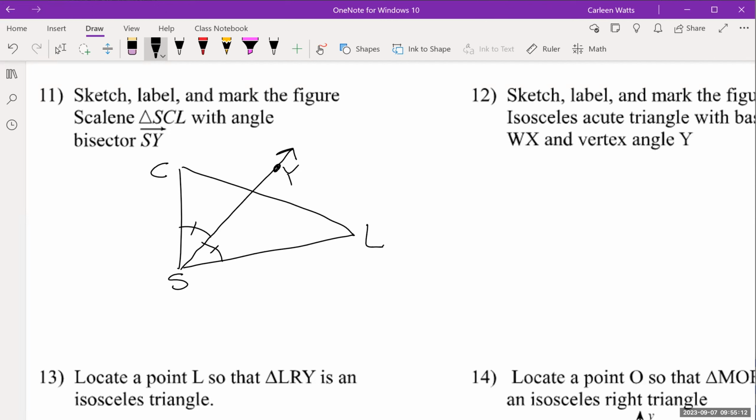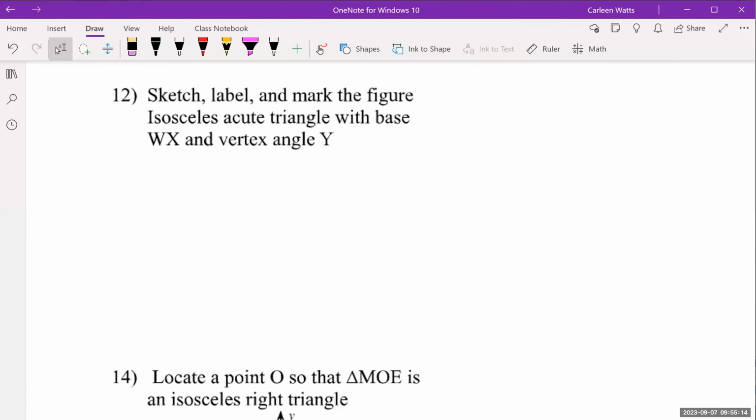Okay, cool. Okay, number 12, sketch, label, and mark the figure. Isosceles acute triangle with base WX and vertex angle Y. So isosceles acute.